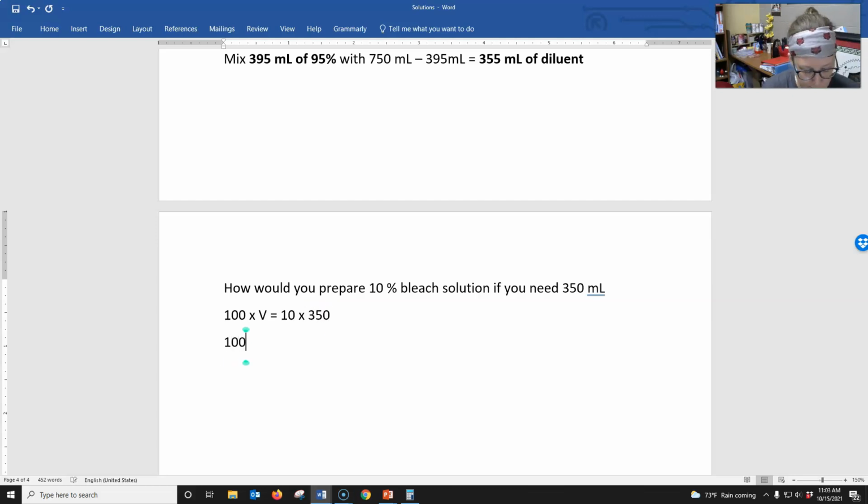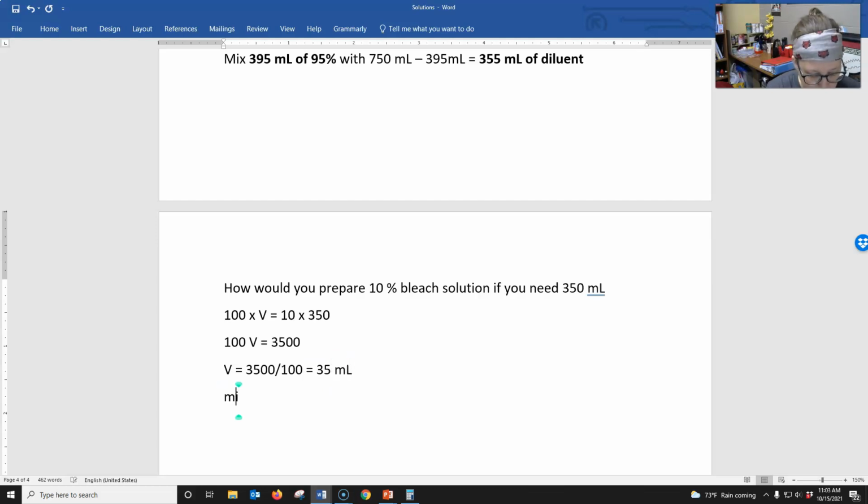So then 100V equals 3,500, and so V is going to be equal to 3,500 divided by 100, and so it should be 35 mils.